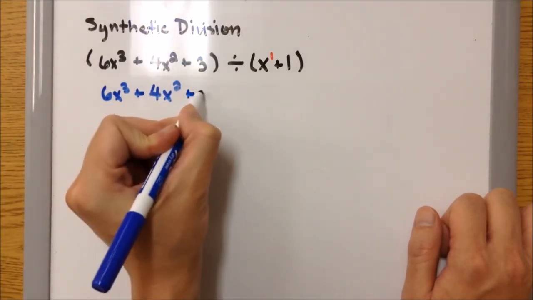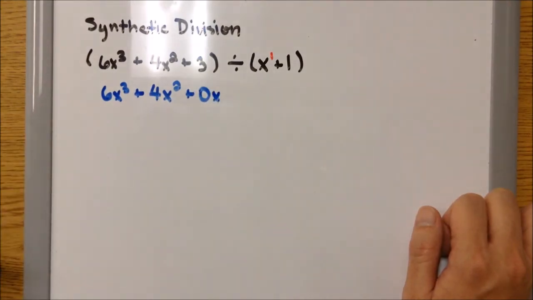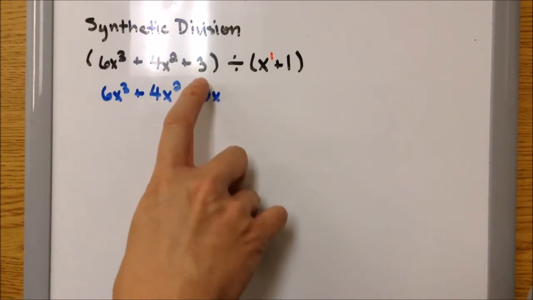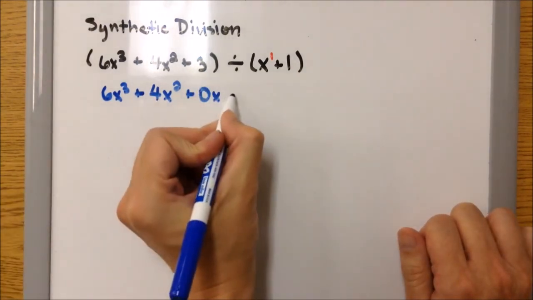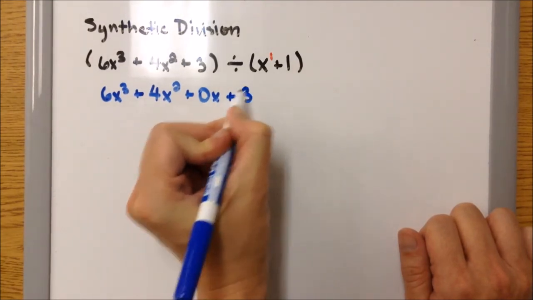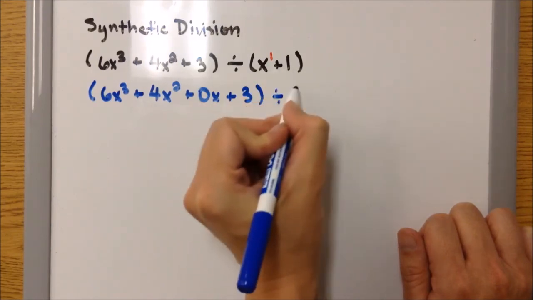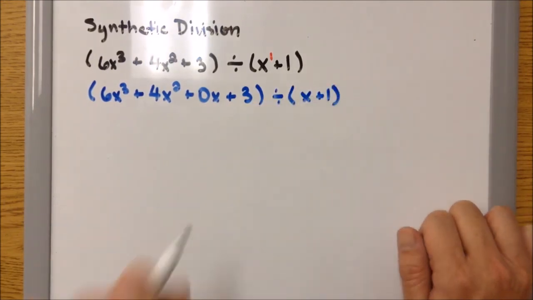Now you can use plus or minus, doesn't matter when it has 0. So 0x. Now after x would be the constant, which is 3. So we have a 3, we're good to go with that. So plus 3. We wrote the polynomial and it's being divided by the same divisor, so x plus 1.